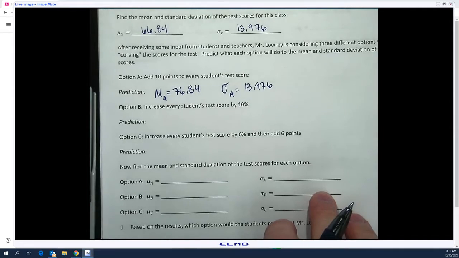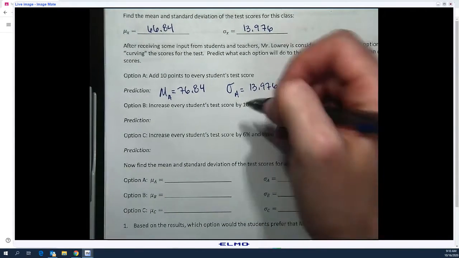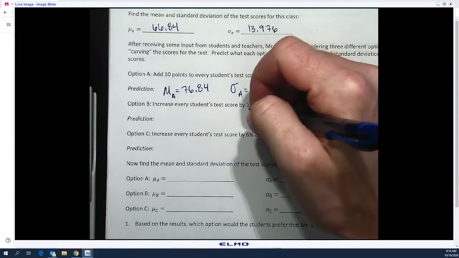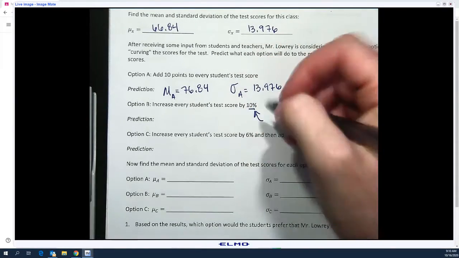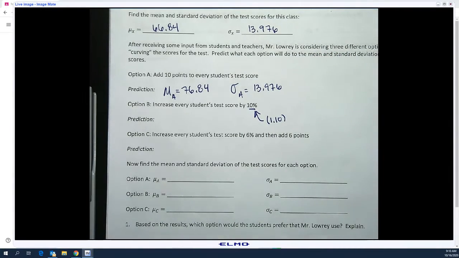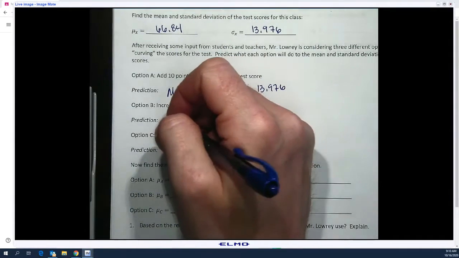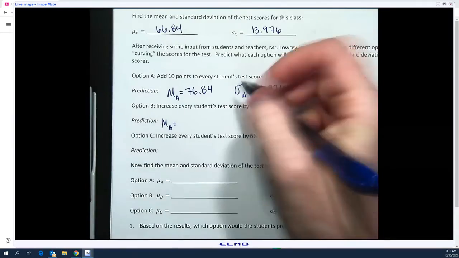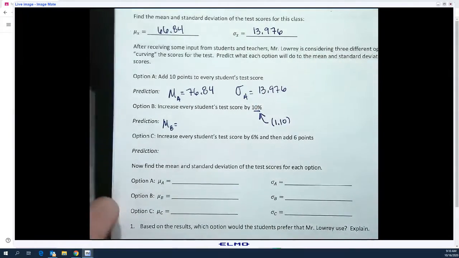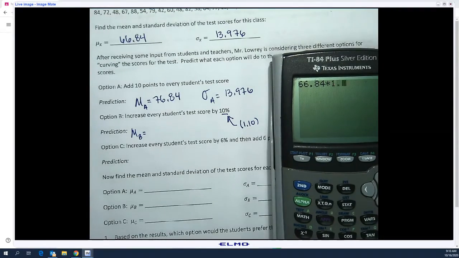On to option B, it says increase every student's score by 10%. And what you want to remember about that, if you have forgotten from Algebra 2, is this is going to be a multiple of 1.10. That's how you do a 10% increase. So we'll call this mu B. That's going to be 66.84, the original, times 1.1.